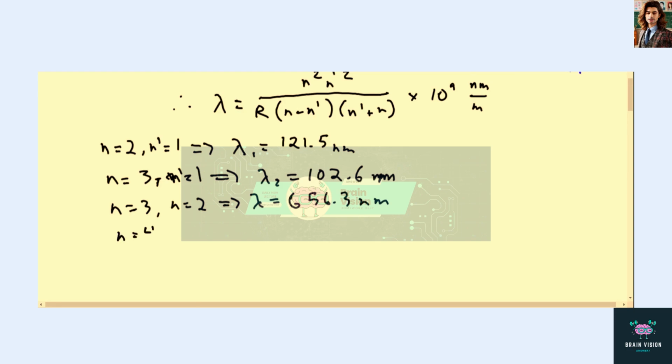Going from the 4th energy state down to the ground state, you can see that wavelength is 97.23 nanometers, still conserving 4 sig figs.